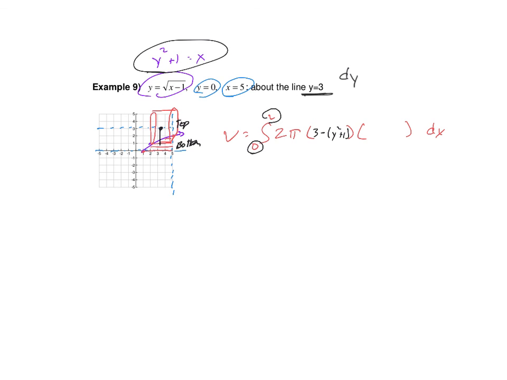All right, there's my height of my cylinder. That is the length of the representative slice, so that's from right to left here. My furthest to the right is going to be 5, and my furthest to the left is going to be the function.